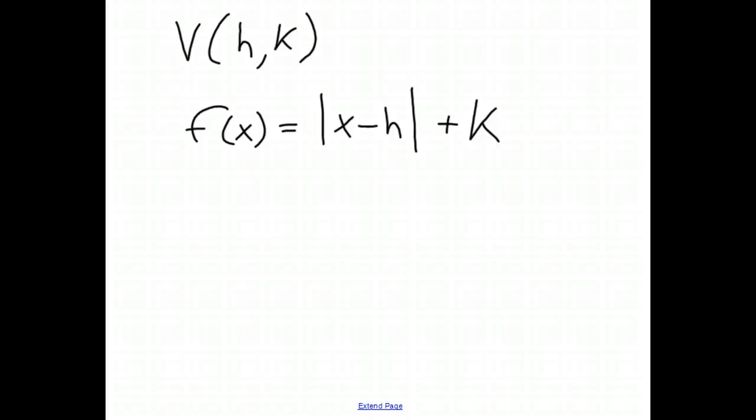All that means is that that's where the vertex is. H is the x coordinate, k is the y coordinate. So this is the vertex. In an equation, we can look for the vertex as f of x equals the absolute value of x minus h plus k.